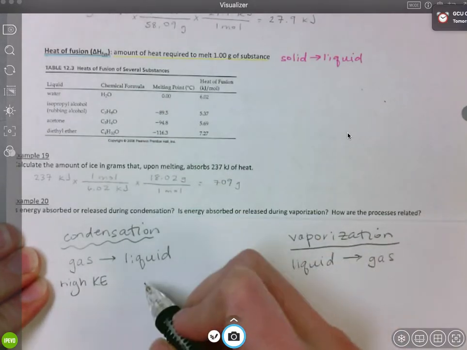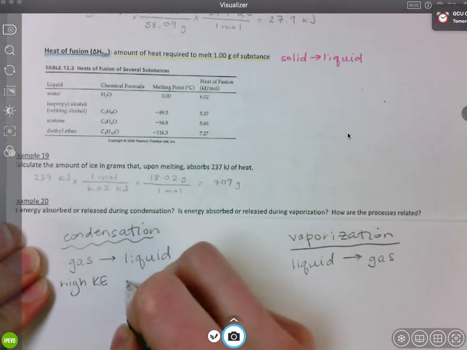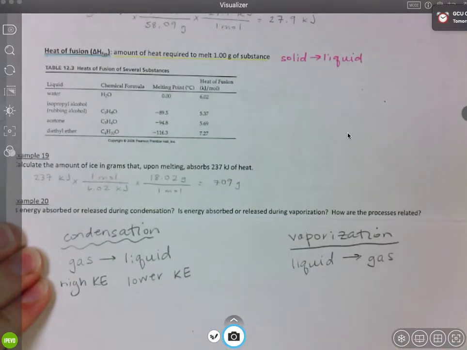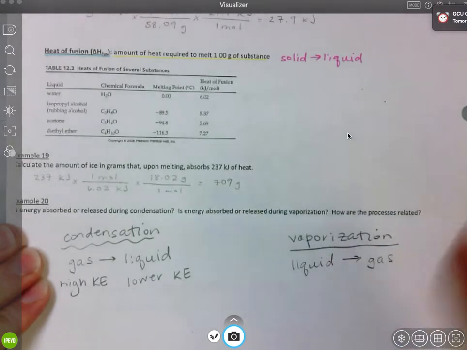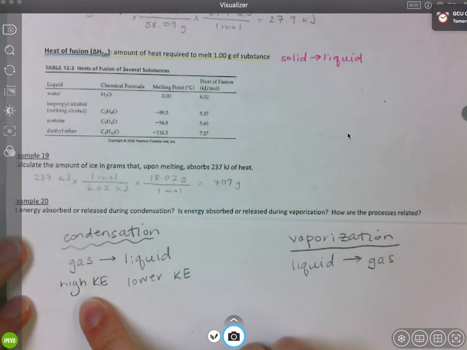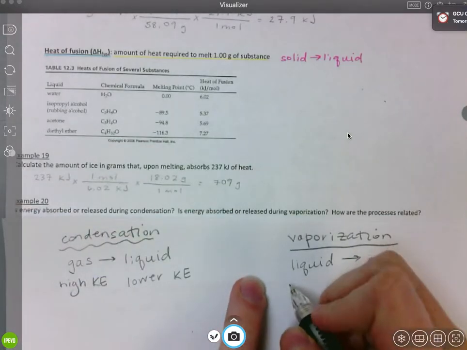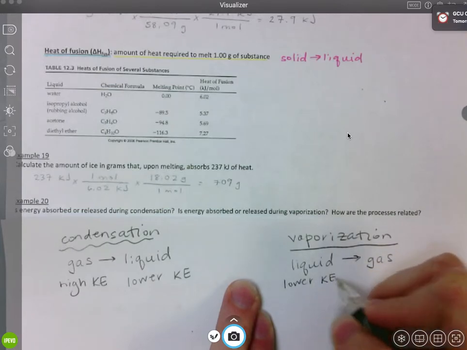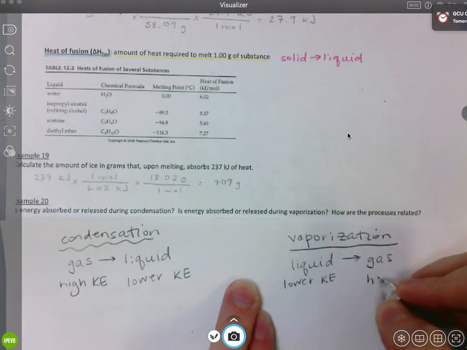Liquid molecules, relative to gas, have a lower kinetic energy. They don't move around as much. They typically stick together. They can still flow. They're still moving, but they don't get to move as fast as our gas molecules. Likewise, our liquids have lower kinetic energy. Solids would be our lowest.